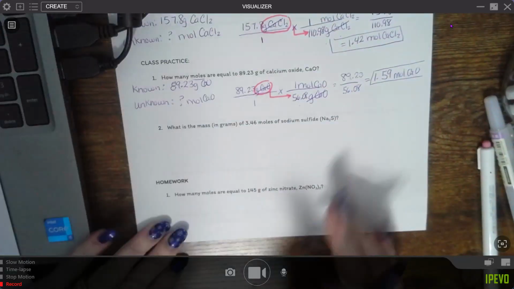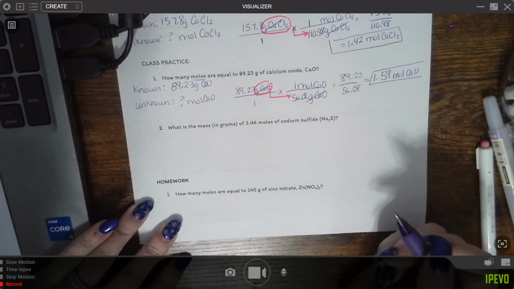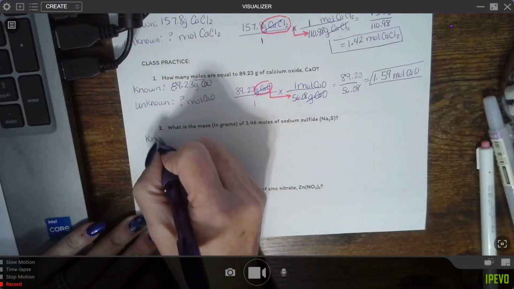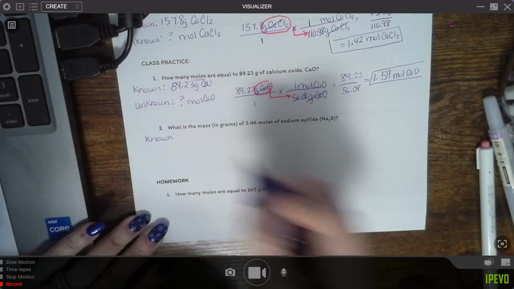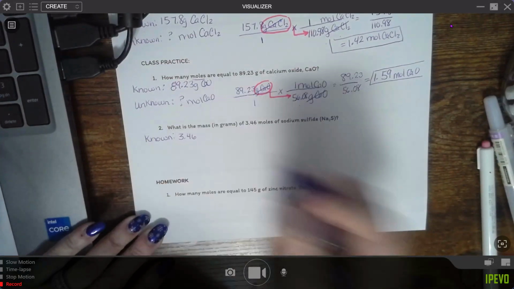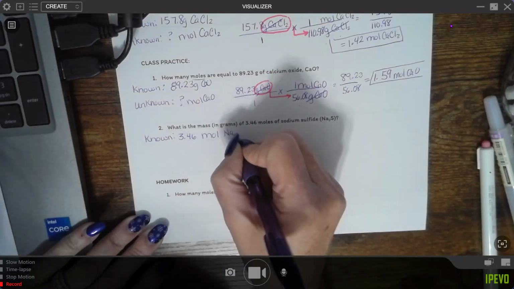What is the mass in grams of 3.46 moles of sodium sulfide? So our known is 3.46 moles of Na2S.